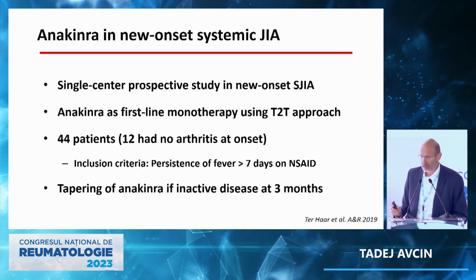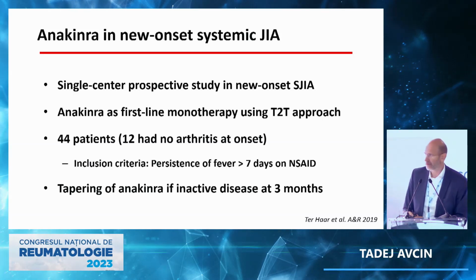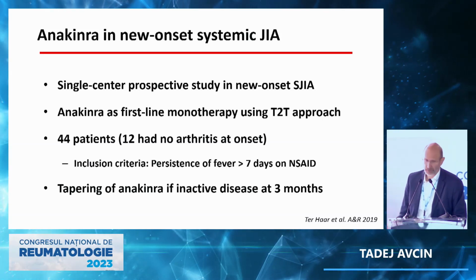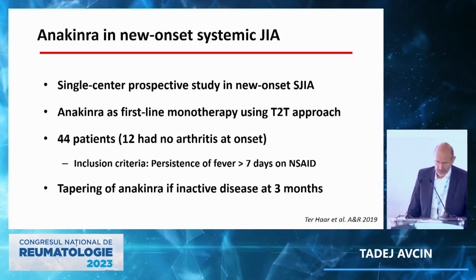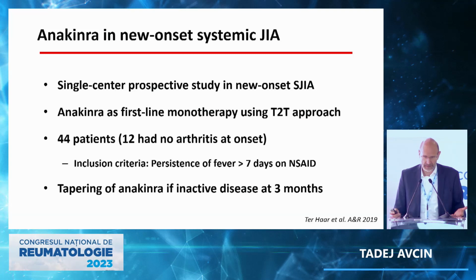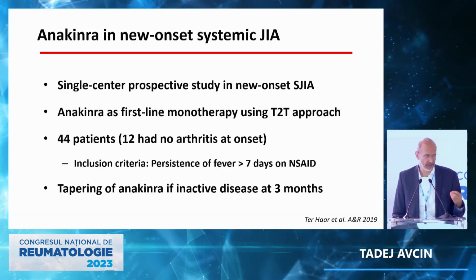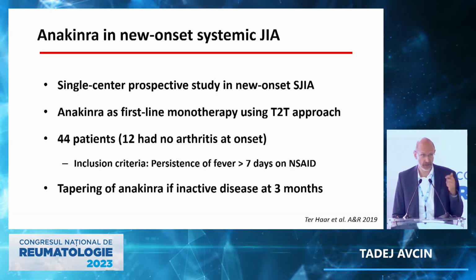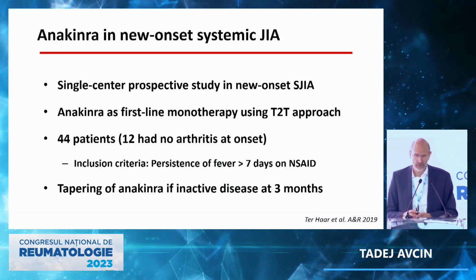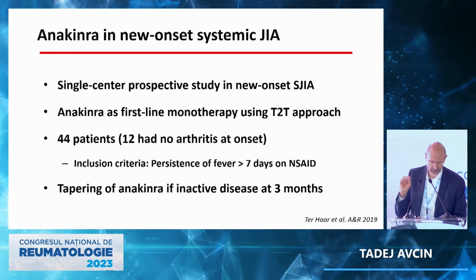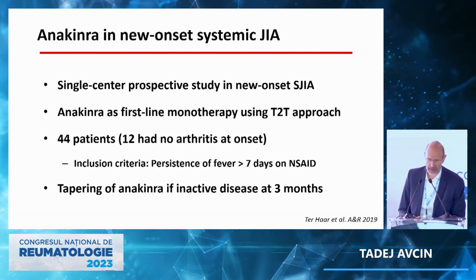For systemic JIA, I will just briefly mention because these protocols will be presented also later. There is a presentation on treatment of systemic JIA, but the Dutch study on anakinra in new onset systemic JIA was definitely a game changer in this field of early treatment with biologics in the subgroup of patients with systemic JIA.